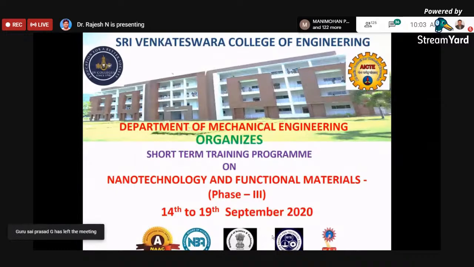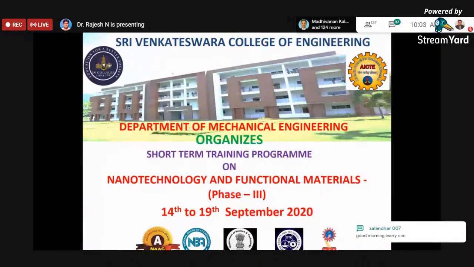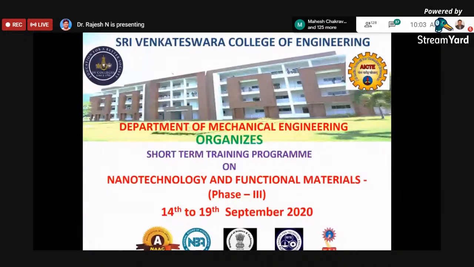Good morning to the august gathering, and welcome you all to this short-term training program on nanotechnology and functional materials, phase 3, organized by the Department of Mechanical Engineering, SV College of Engineering. First of all, I welcome our chief guest, Professor Manoj Gupta sir, from the National University of Singapore, for this inaugural function.